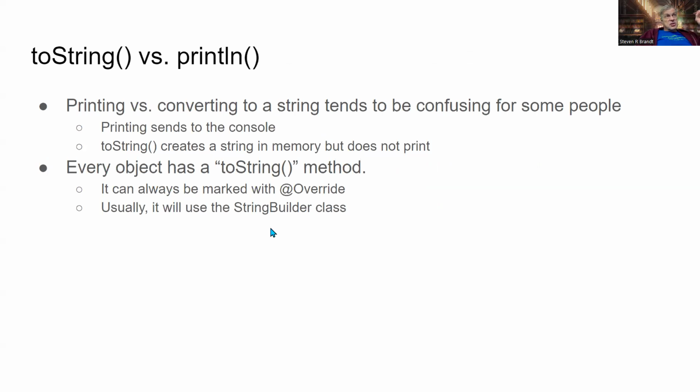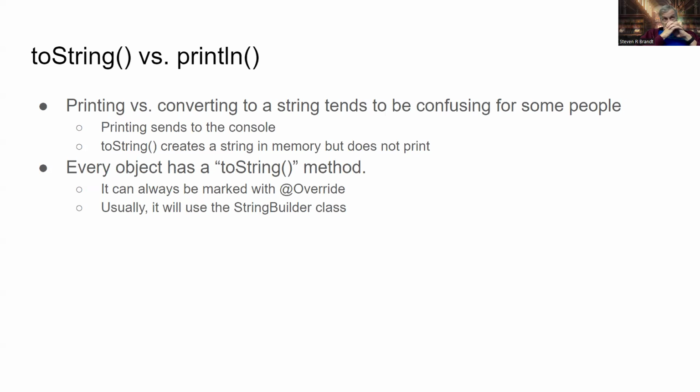Two things I want to bring to your attention are toString and println, because sometimes students get these two things confused. So toString is just going to create a data object in memory. It's just going to format something into a string and keep that string in memory, whereas println is going to take a string and make it appear on the console.